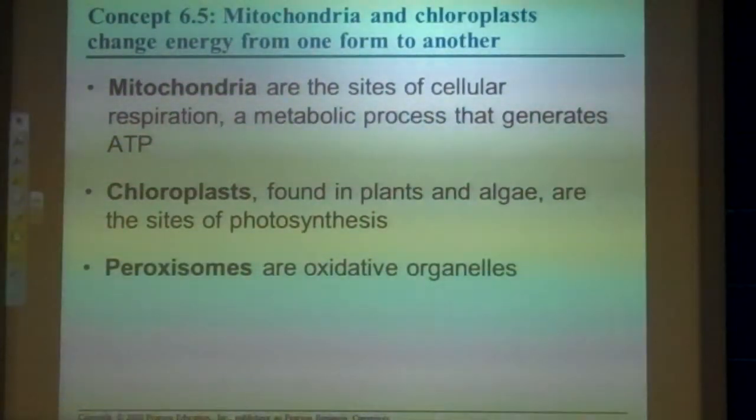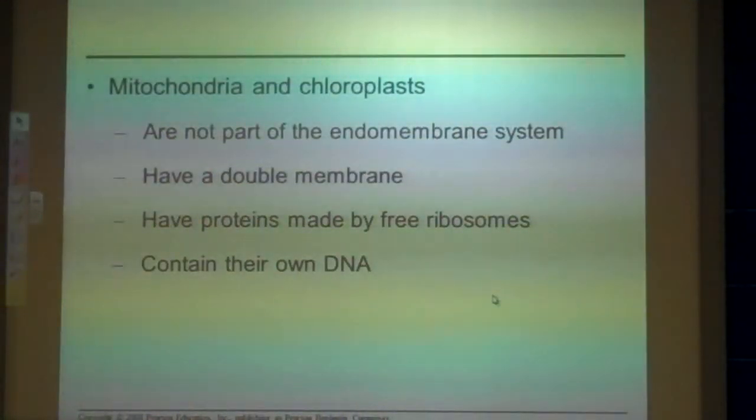Got it? Okay, peroxisomes are going to make peroxide and then break it down. So they're doing that in order to detox too. Okay. You need to know that mitochondria have their own DNA, they have their own ribosomes, and they have a double membrane. That's all evidence for the endosymbiotic theory that we talked about too, right?